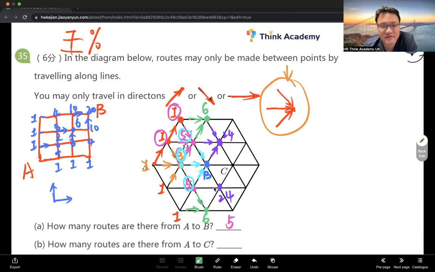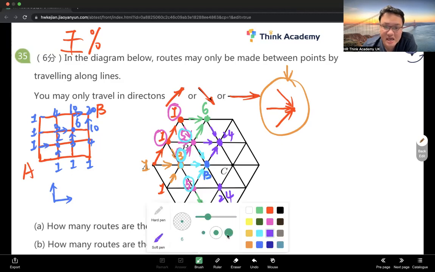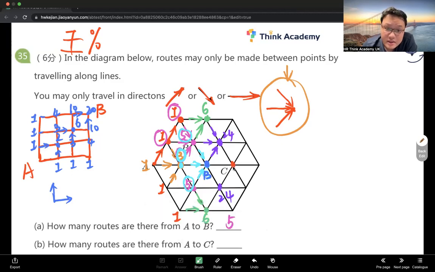It's a reflection, right? So now you need to consider how many different ways can lead us to C. It's C, right? So it's 24 plus 24 plus 13 equals what number? 61. Yes, that's right.